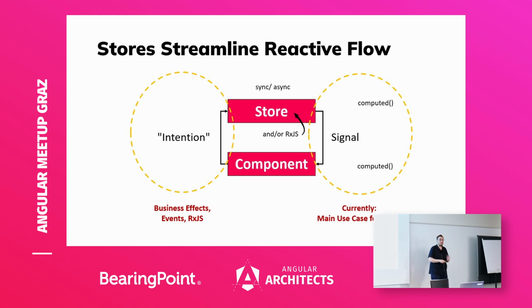And when doing so, you can use computed to get your view models synchronously derived. So currently, this right side here is where signals shine. This is what signals have been primarily intended for. You can use them somehow on the left side for propagating your intention. This is what we discussed under the name business effect.